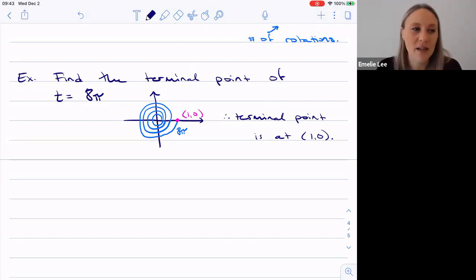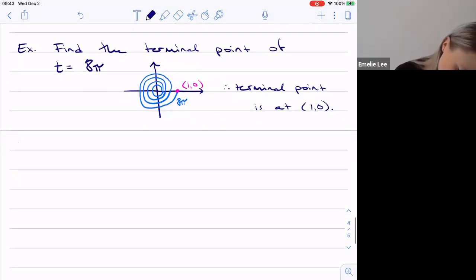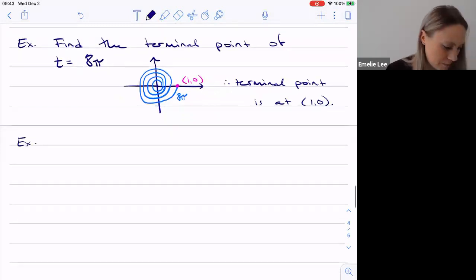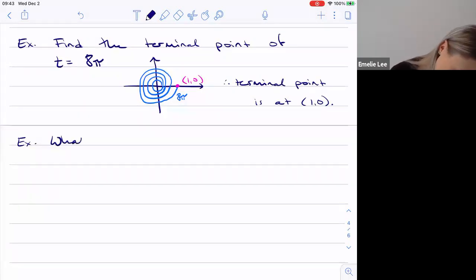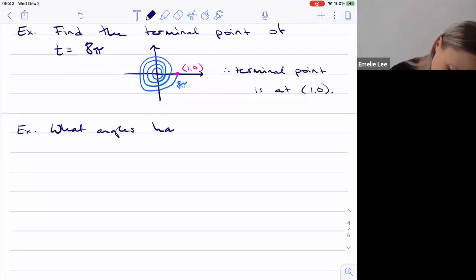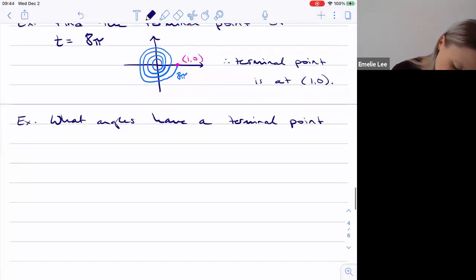What if we went the other way, right? So what angles have a terminal point of 0, 1? X is 0, Y is 1, so now I'm up on the positive Y axis. So let's say, for example, what angles have a terminal point of 0, 1?